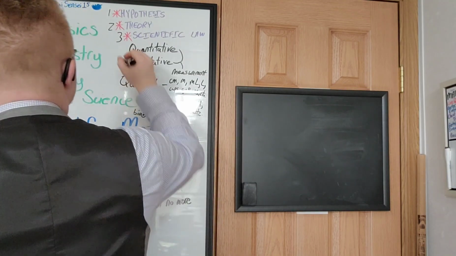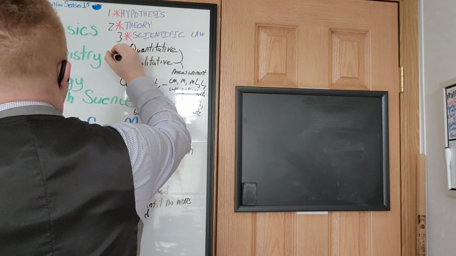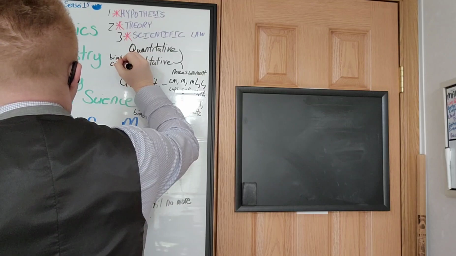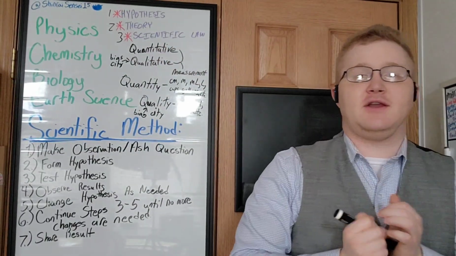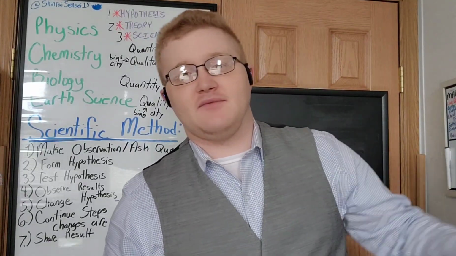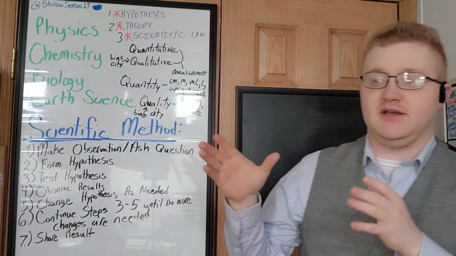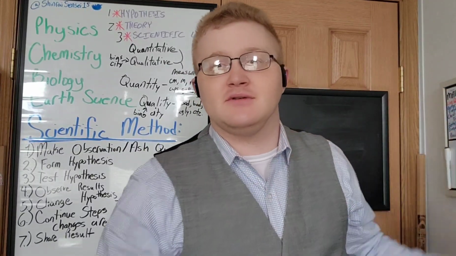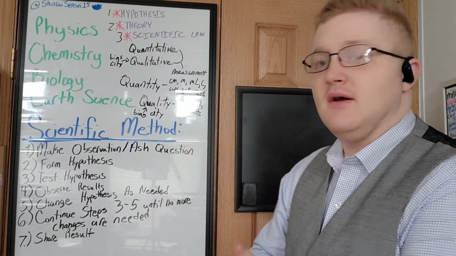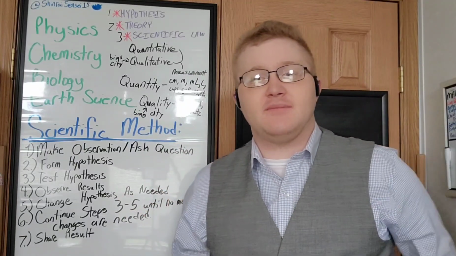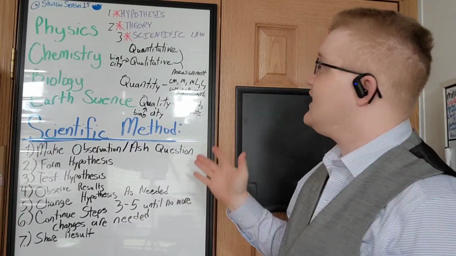Qualitative measurements are bias city, because nobody's ever going to be completely objective with their opinion. And that's all qualitative measurements are. Qualitative measurements are opinion. Quantitative measurements are, well, actual measurements. So there you are. There's our first episode into science.